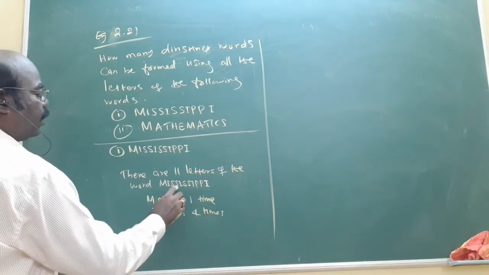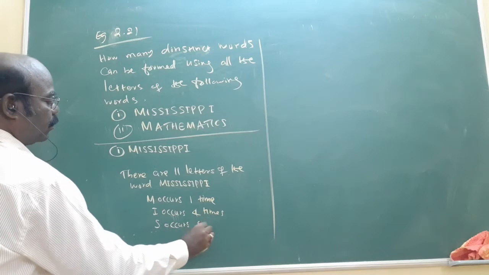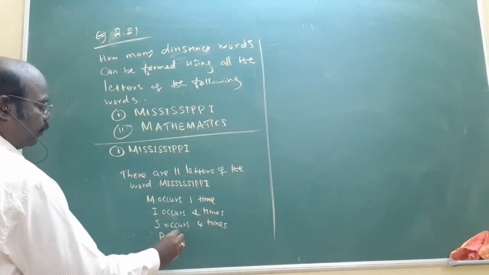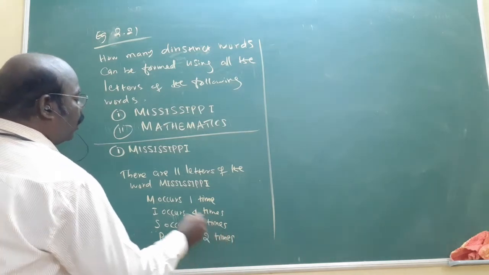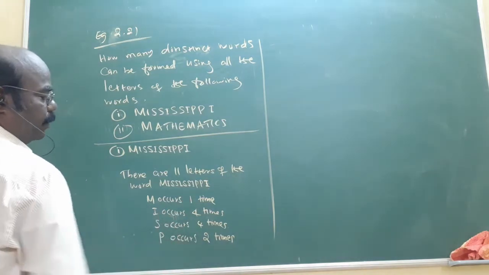Next S occurs 4 times. Next P occurs 2 times. Am I correct? Total 11 letters: 1 time, 4 times, 4 times, 2 times. Total 11. Am I correct?